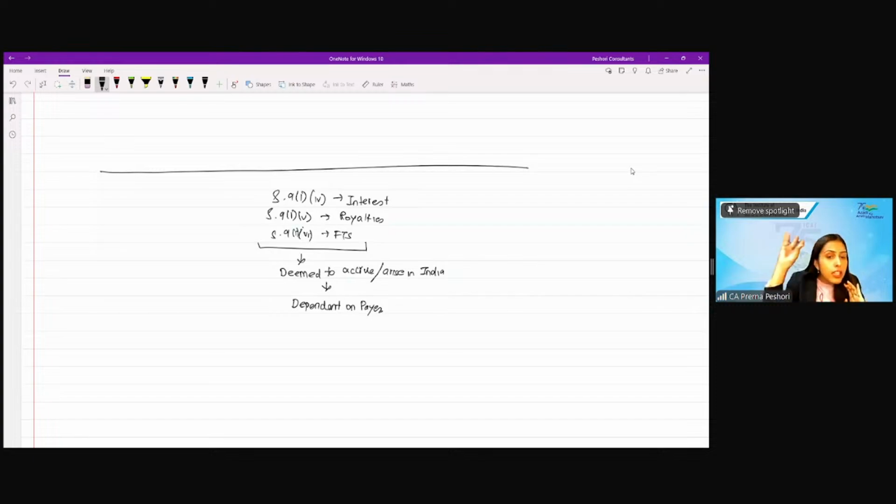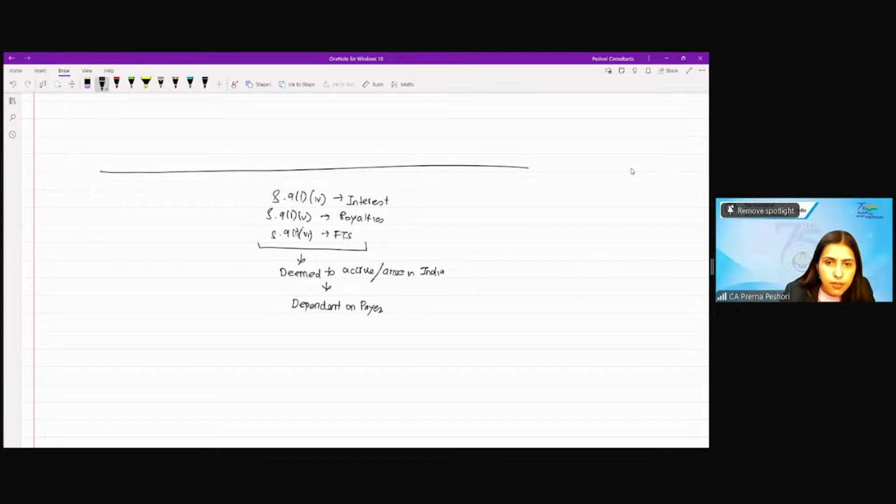For capital gain, it was the location of the capital asset in India. For rental income, again, it was necessary to have a property in India. For salaries, you had a condition of services rendered in India or payable by the government of India for services rendered outside India. For dividend, paid by an Indian company. For interest, royalties, FTS, it is dependent on the payer.